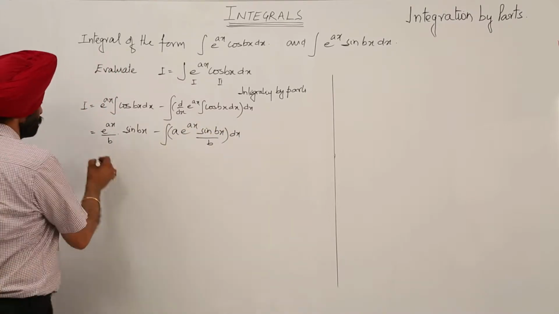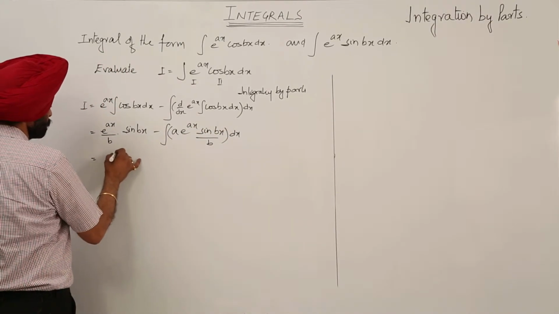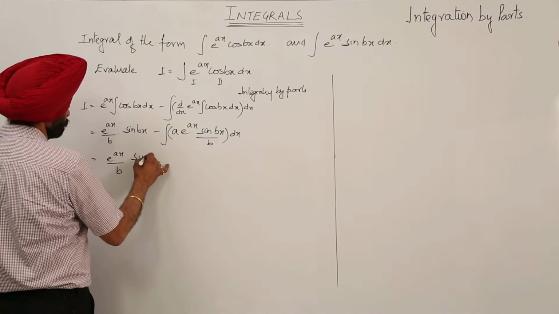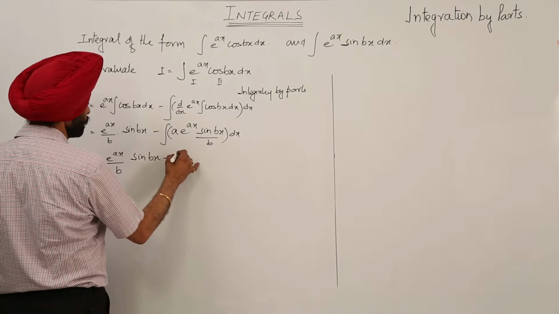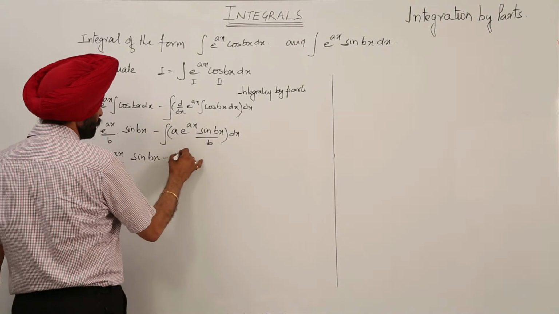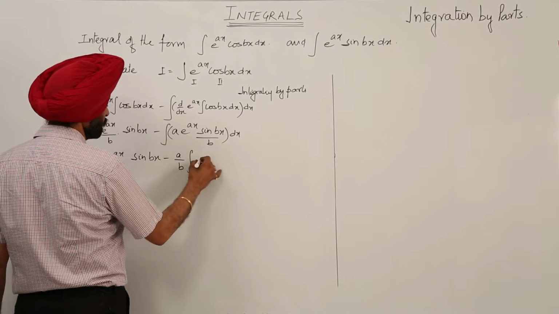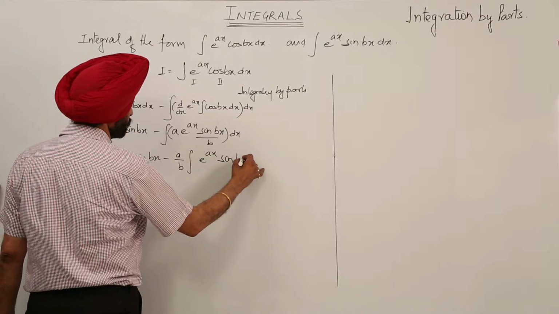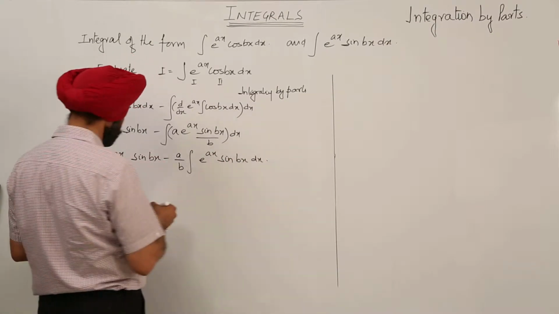Okay, and this now becomes e raised to power ax upon b sin bx minus a upon b integration of e raised to power ax sin bx dx.